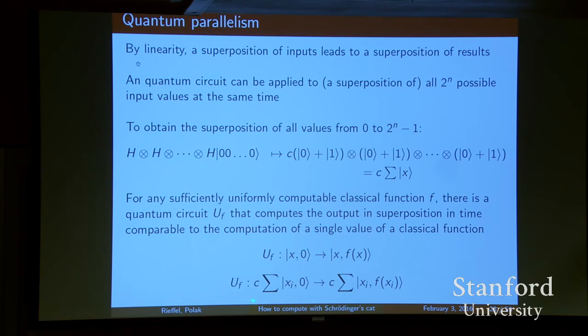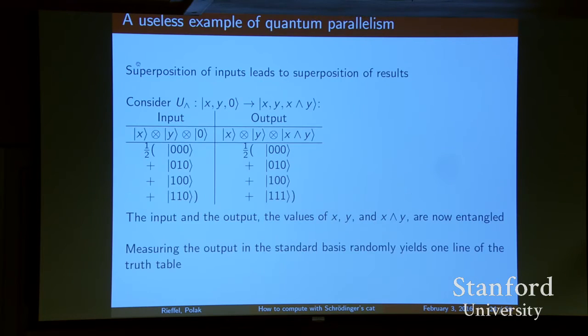So now if we take the superposition state, with all possible inputs x and the output 0, and apply UF to it, we get a superposition of all possible inputs and their function values. So it looks on the face of it that we've done an exponential number of computations by just running that function once. That seems pretty amazing, except it's not directly very useful.